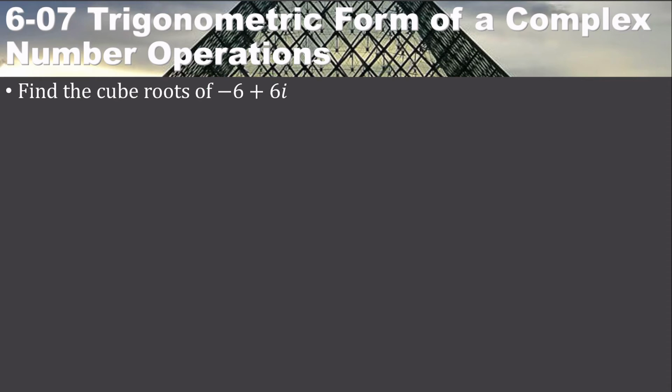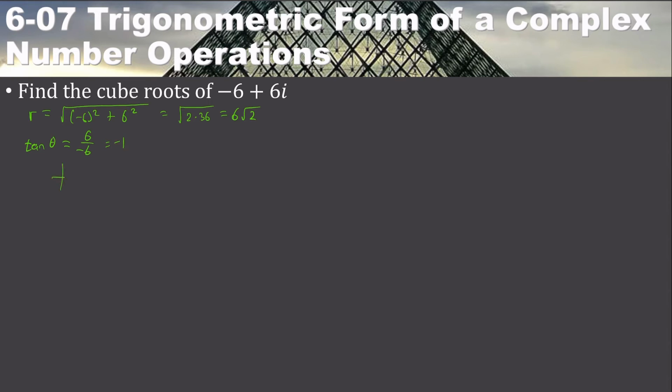So let's find the cube roots of negative 6 plus 6i. All right, let's start by putting it into trig form. And we pretty much have to do it in trig form because there's no good way to do it in standard form. So r is the square root of a squared plus b squared, so that's the square root of 2 times 36, or 6 square root of 2. Our angle, tangent of the angle would be b over a, which is negative 1.